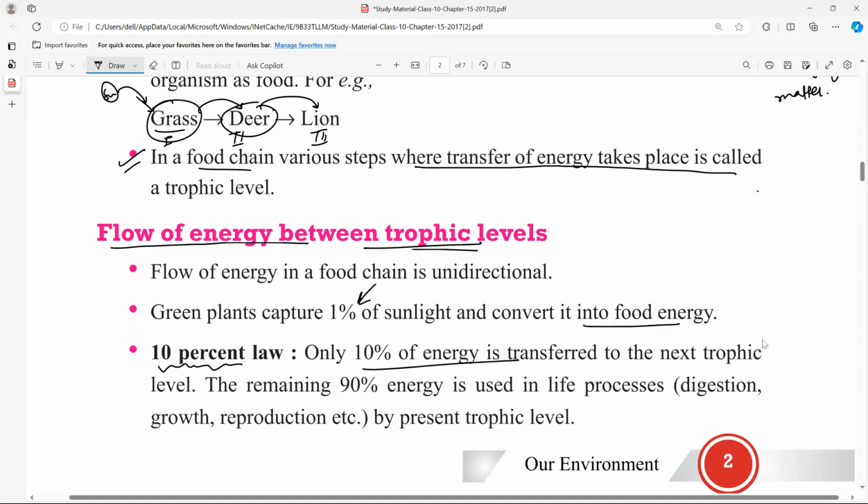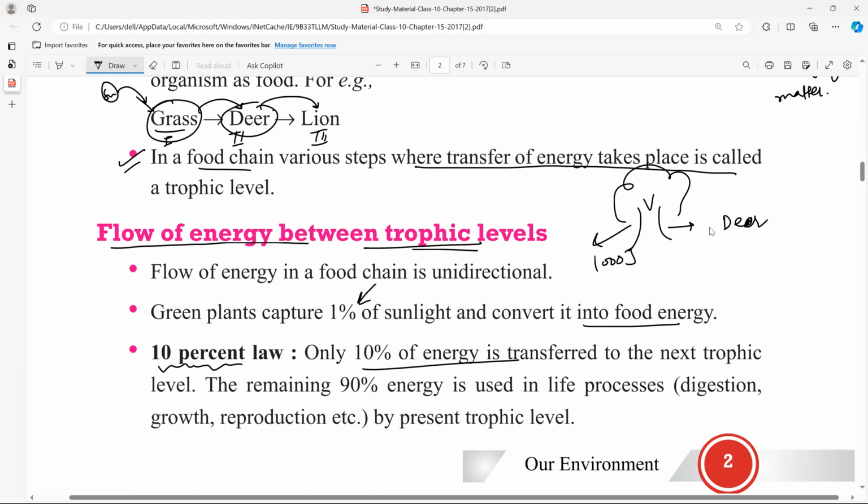For example, let us say there is a plant with 1000 joules of energy, and it is eaten by the deer.